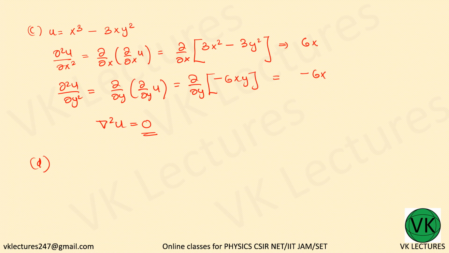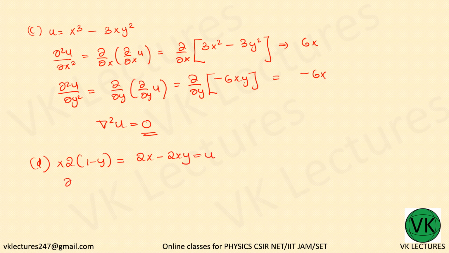Similarly, option D, 2x times 1 minus y, you can separately write 2x minus 2xy, that's equal to u.